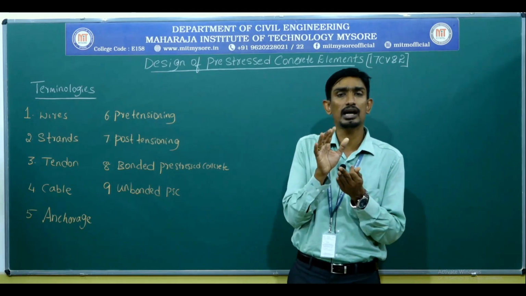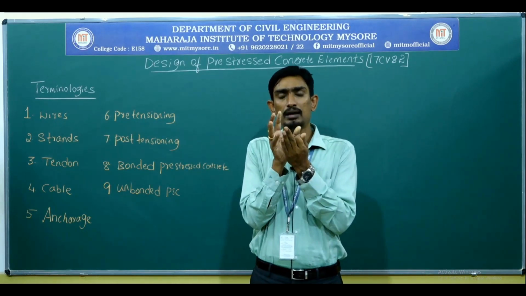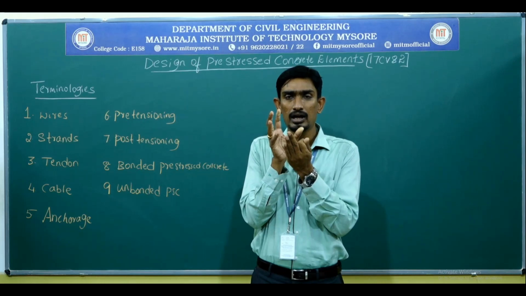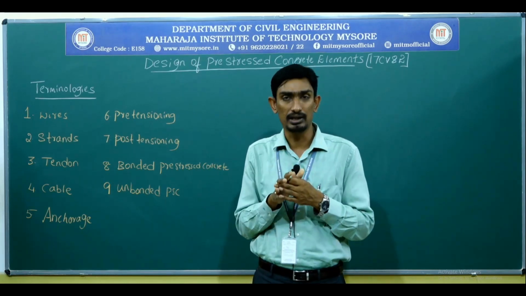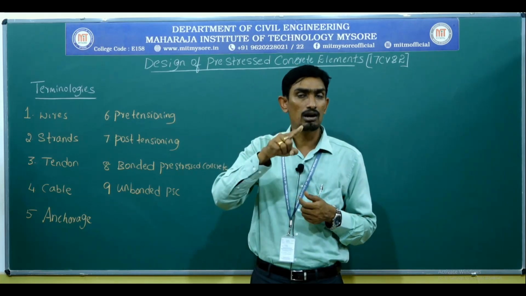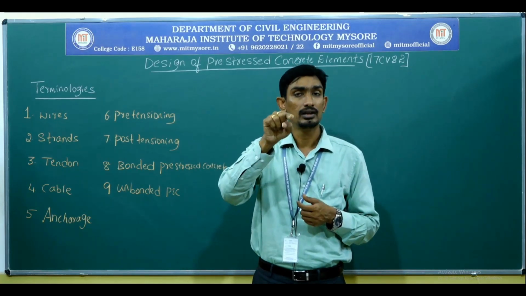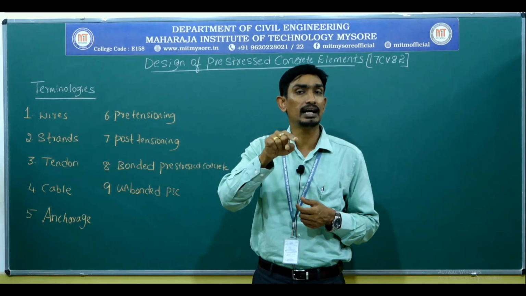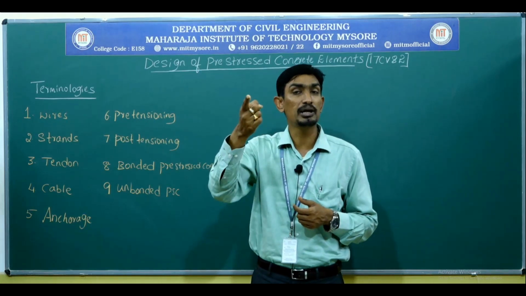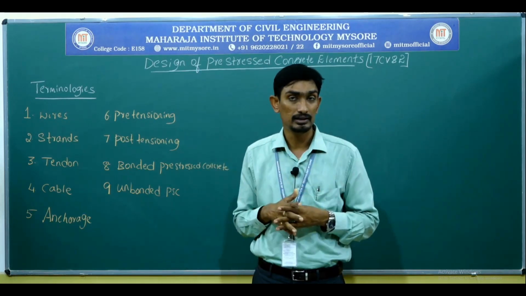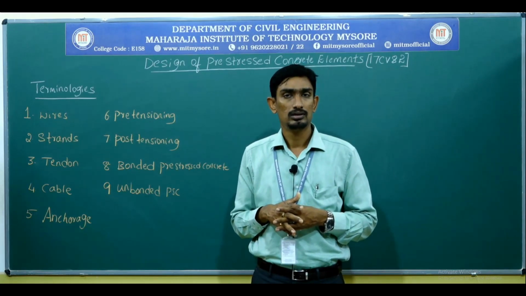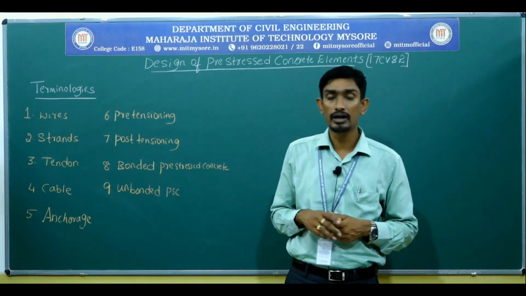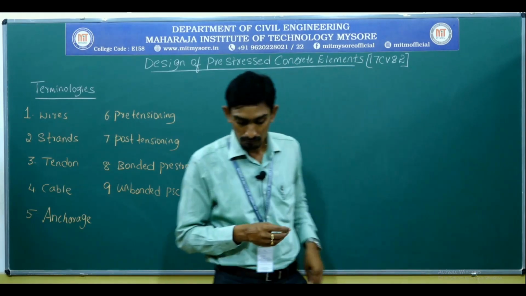That means the entire cable will be embedded inside the grout that has been placed. But the tendon placed inside the duct and the concrete that has been poured are not bonded. That is called unbonded prestressed concrete.